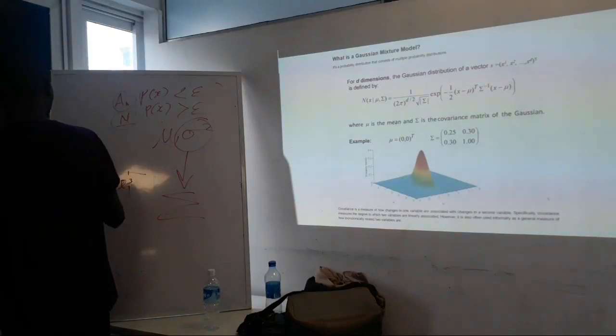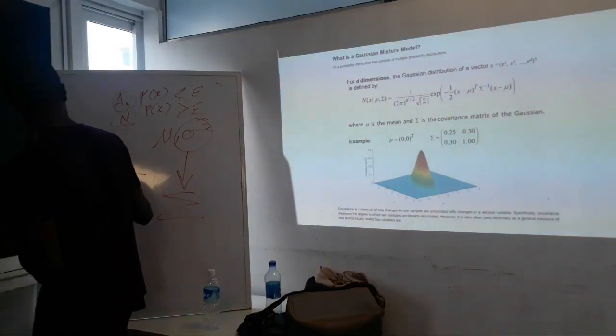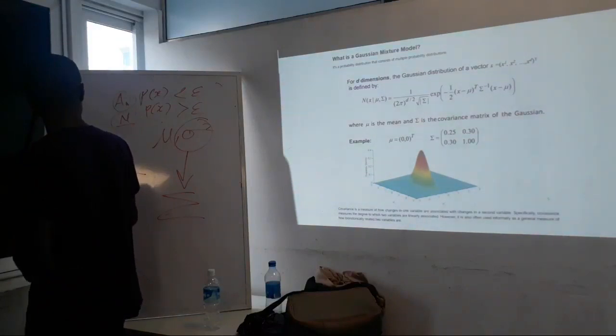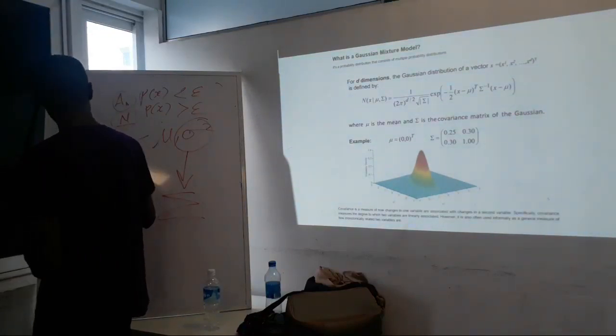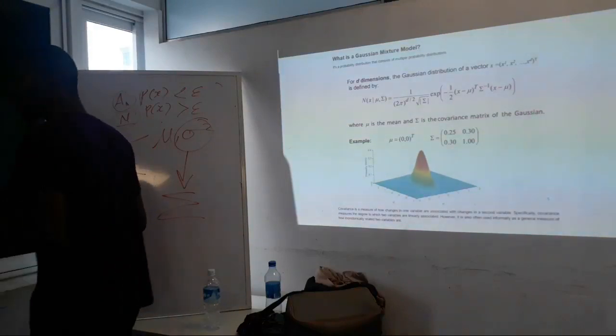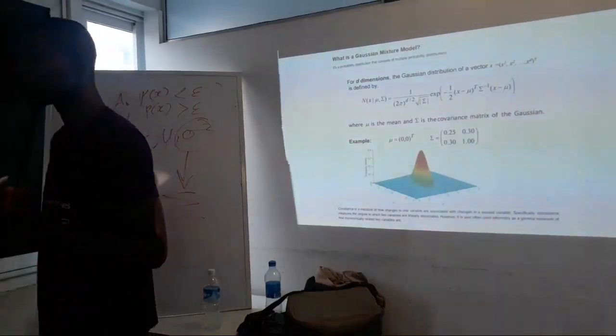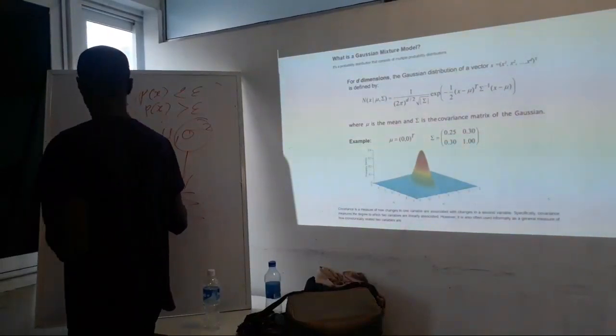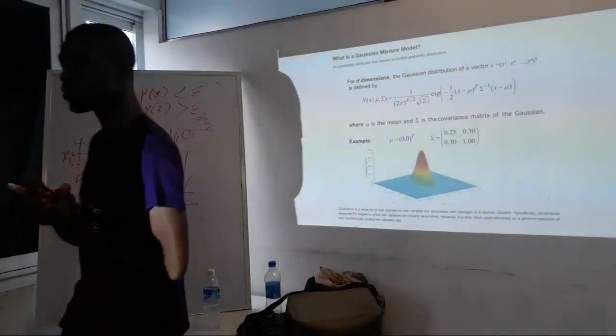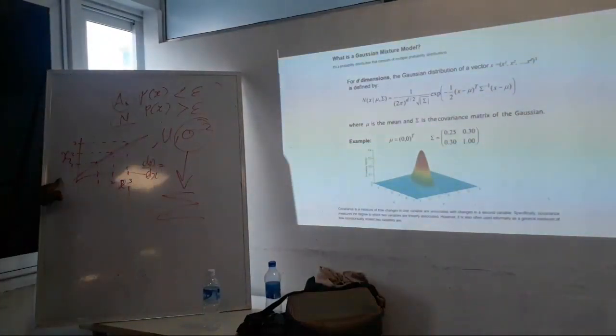Let's say we have a value here. So what do you have here? You have a straight line, right? What's the slope? What's the y-x of this guy?